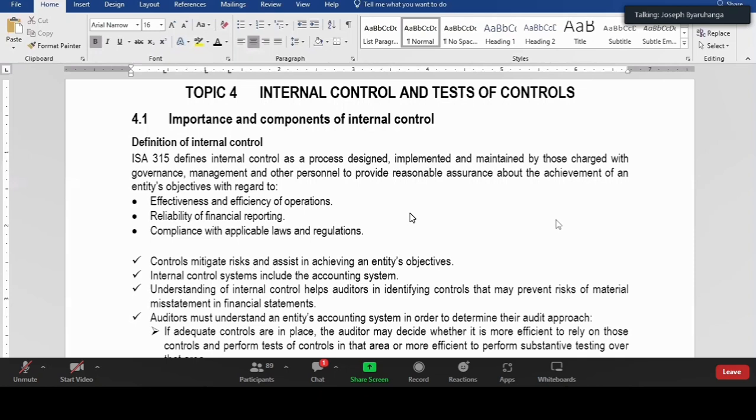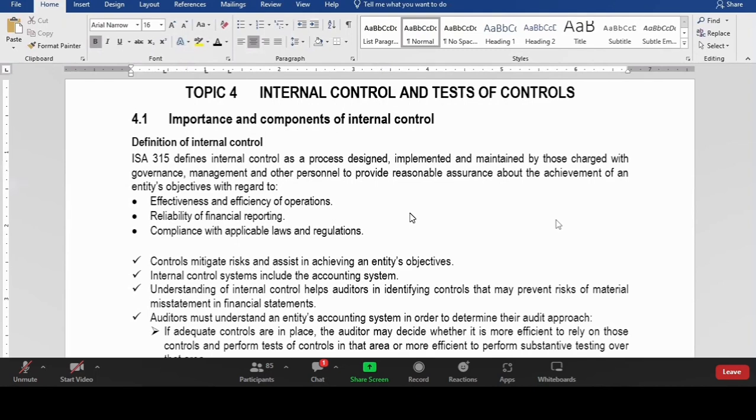It was listed last. So there are many things you have to understand: the financial performance, the business environment, accounting policies, management structure, and then internal control.